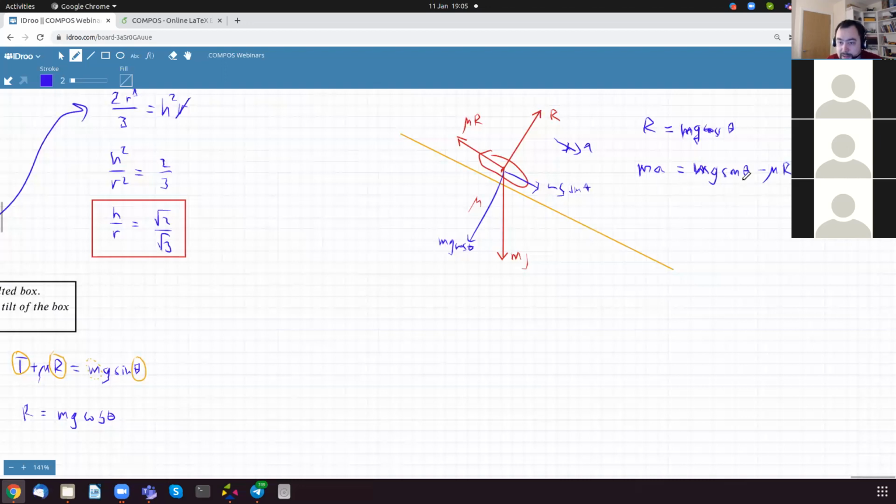Of course, it seems that acceleration is dependent on R, but let's go further. So ma is equal to mg sine theta minus mu mg cos theta, and m cancels out. So acceleration is equal to g sine theta minus mu g cos theta.